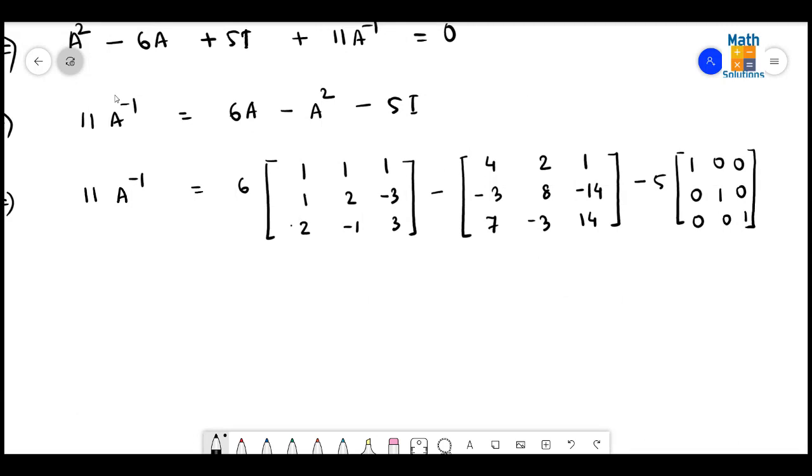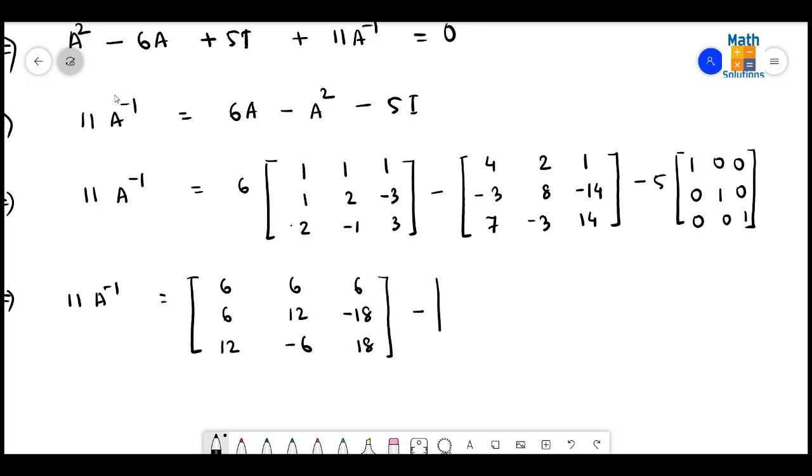On simplification, what do I get? 11 A inverse equals, I get here 6, 6, again 6 here, then 6, 12 minus 18, then after 12 minus 6, then 18.